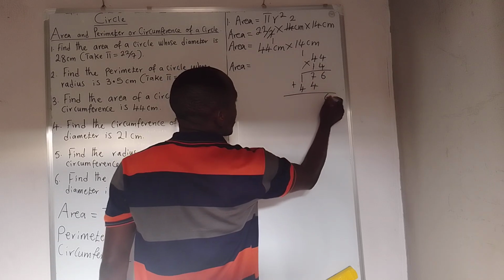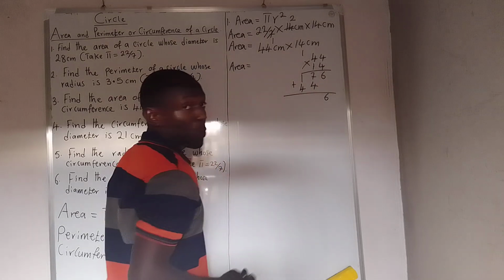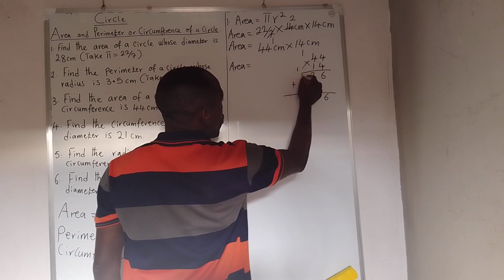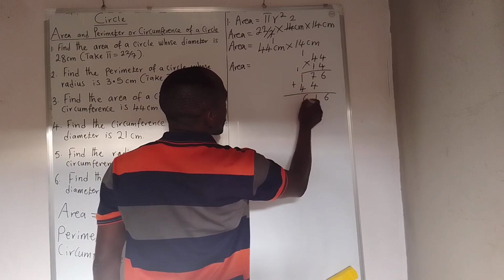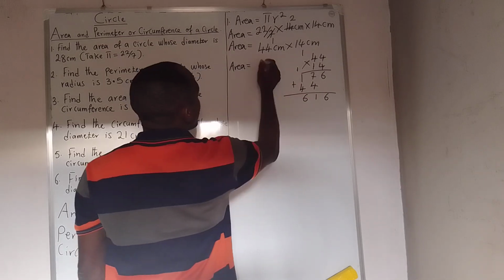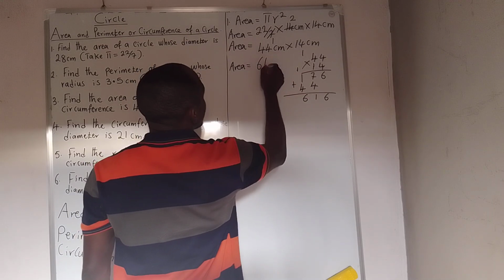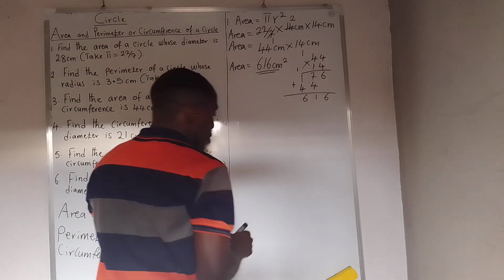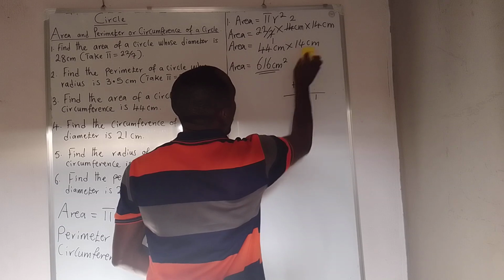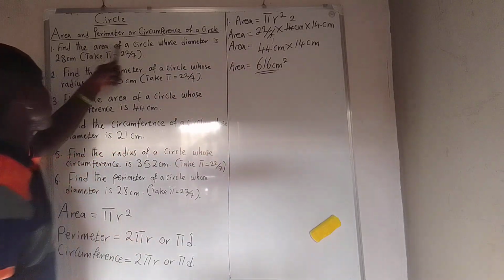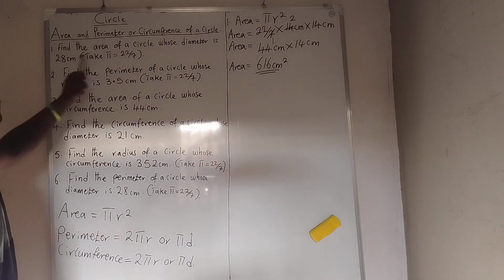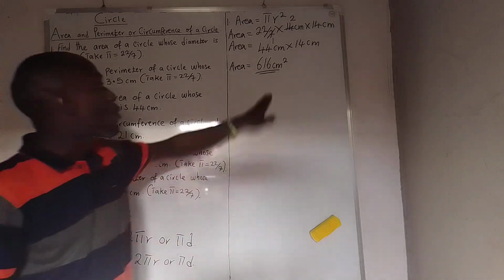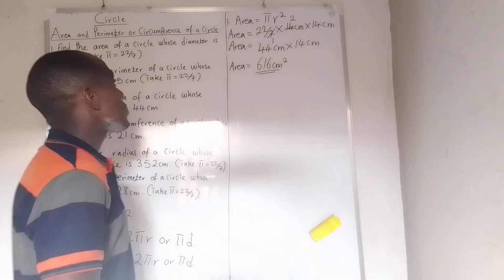We bring down 6. 7 plus 4 is equal to 11. We write 1, carry 1. 1 plus 1 is 2, plus 4 is 6. So therefore our area is equal to 616 centimeter square. This is the area of question number 1. So the area of the circle with diameter of 28 centimeter and a pi of 22 over 7 is equal to 616 centimeter square.